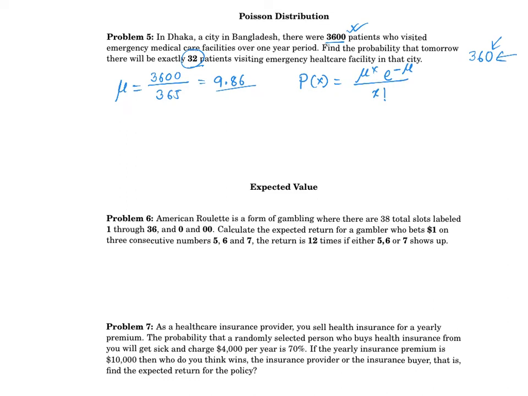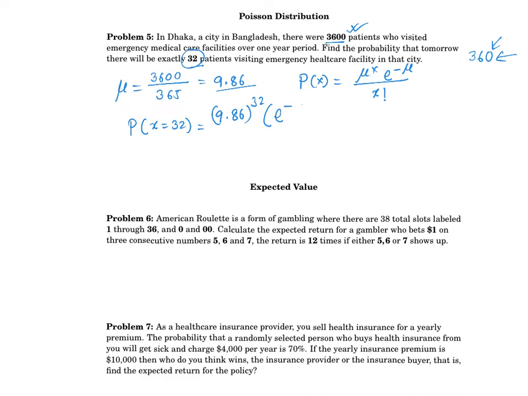Now the problem wants you to find out what this probability is going to be. This probability is going to be, by the way, extremely small. Your calculator might give you a really small number. So probability of x equal to 32 is going to be 9.86, because mu is 9.86, to the power 32, times e to the power negative mu.